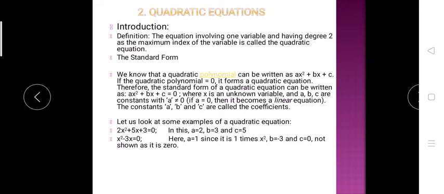These constants a, b, c are called coefficients. So understood students, what is the general and standard form of a quadratic equation.